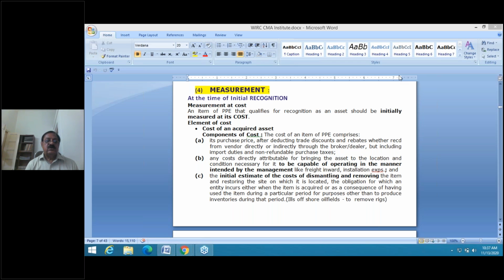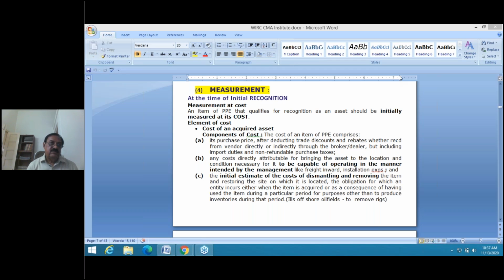Second part, any cost directly attributable for bringing the asset to the location and condition necessary for it to be capable of operating in the manner intended by the management, like freight inward, installation expenses, etc. Matlab, what management thinks to be proper to make it capable of operating, those expenditures are to be added to the cost of the asset.